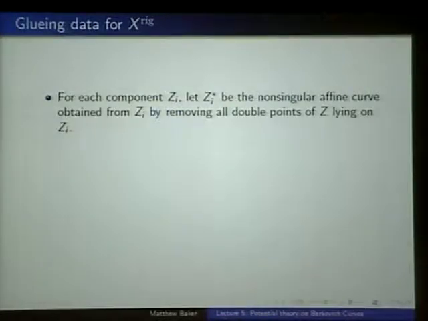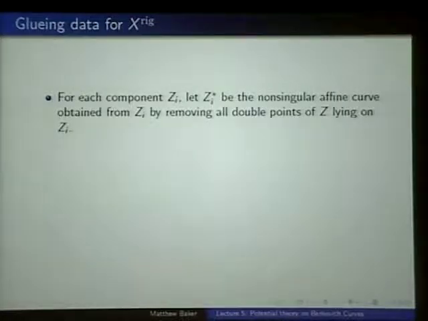So you can obtain this rigid space associated to X in the following way. And I wasn't sure it was worth introducing all this new notation, but I'll give it a shot. So for each component Zi, this is described, by the way, in this book by Fresnel and van der Put, but without many proofs. But they use this notation that I'm using here.